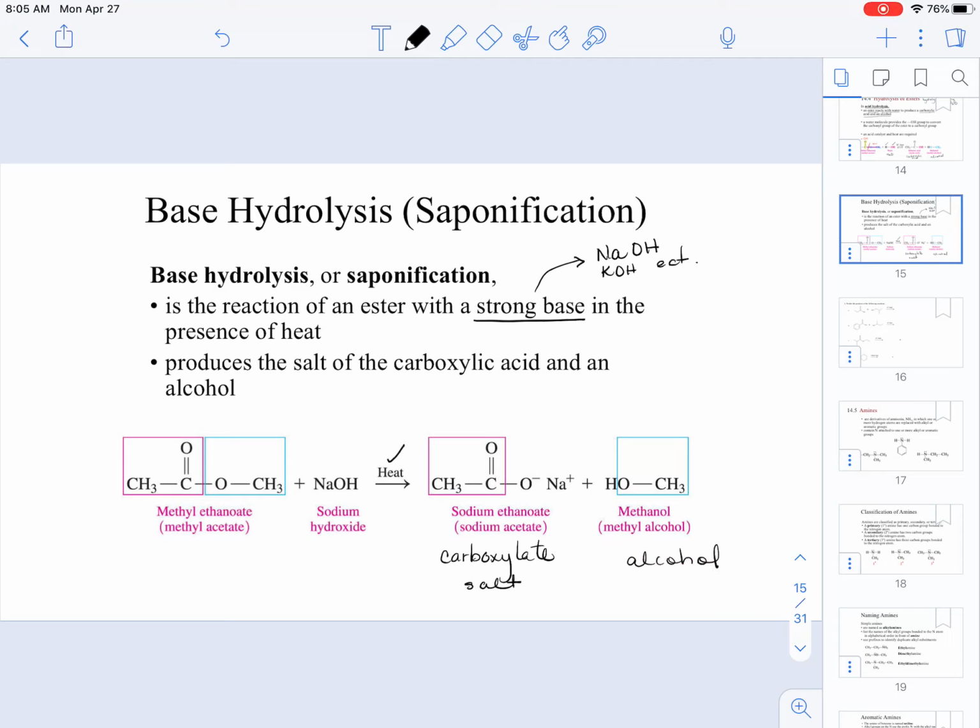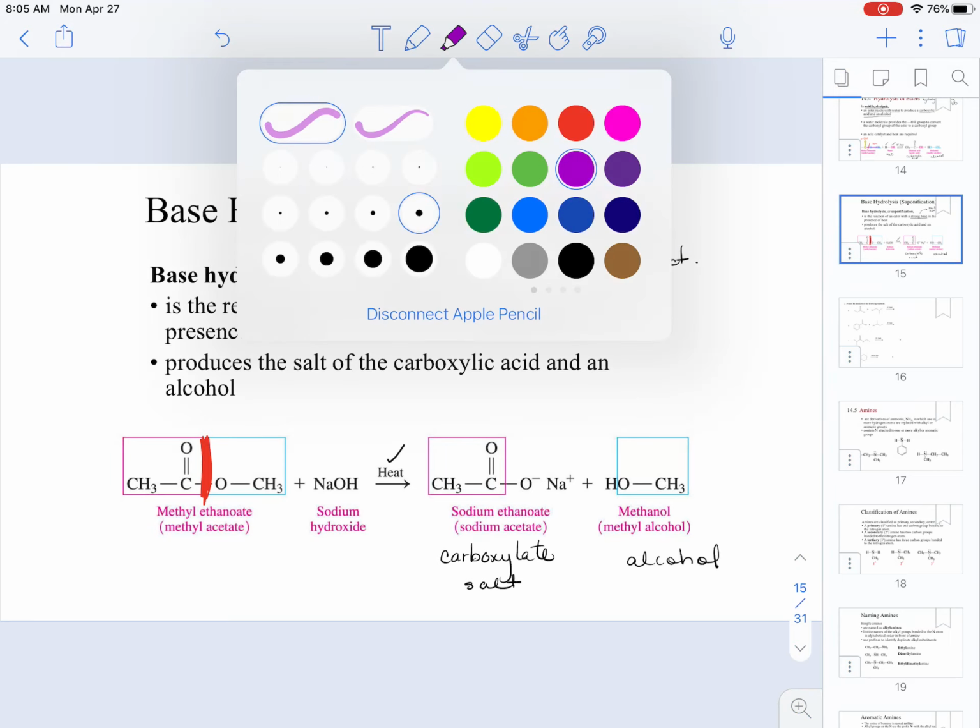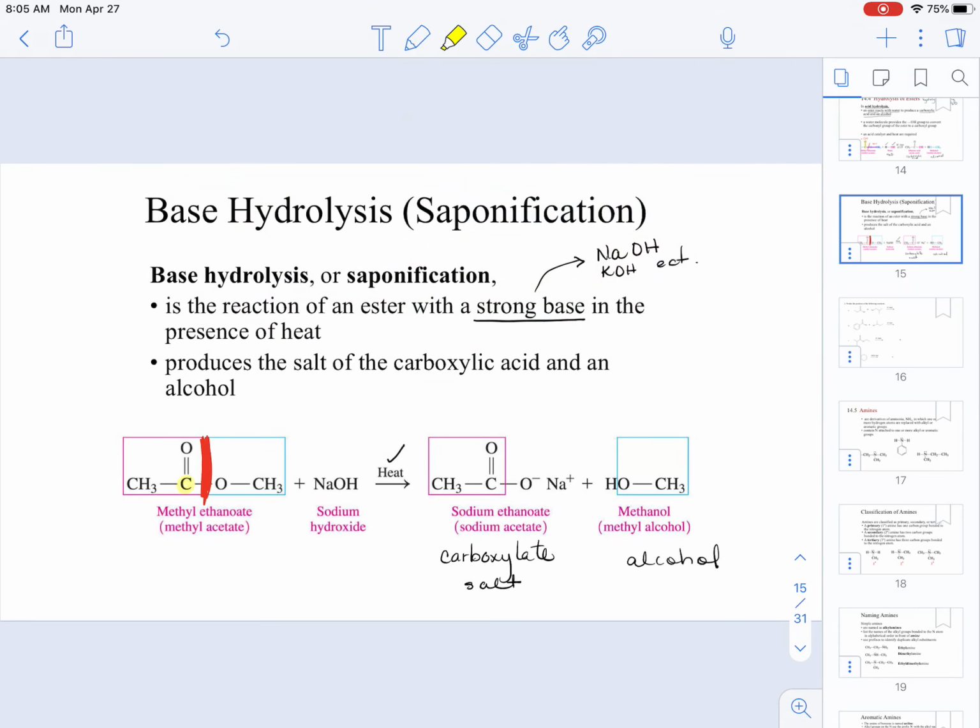And similar to what we saw in acid hydrolysis, we're going to be splitting the molecule, okay, where we have the C double bond O and the single bond to oxygen, and whatever alkyl group it has.